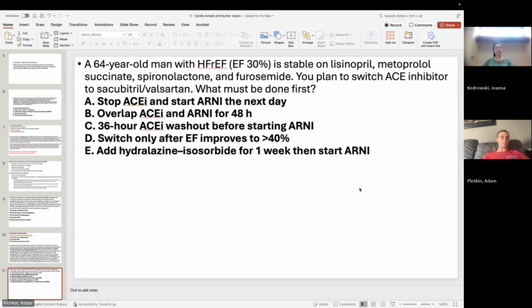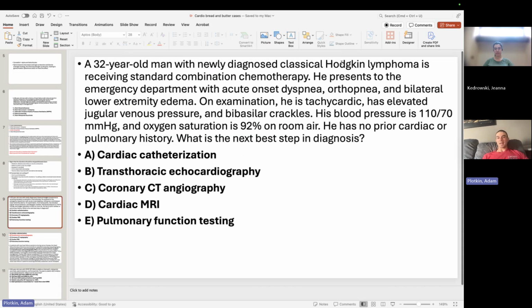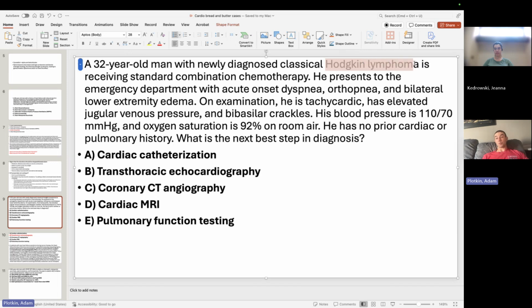Even though this isn't a hemonc unit, it's really high yield. For nodular sclerosing Hodgkin lymphoma, the most common, if I did a biopsy and flow cytometry, what would I see? Reed-Sternberg cells, which look like owls. And what would you see on flow cytometry?